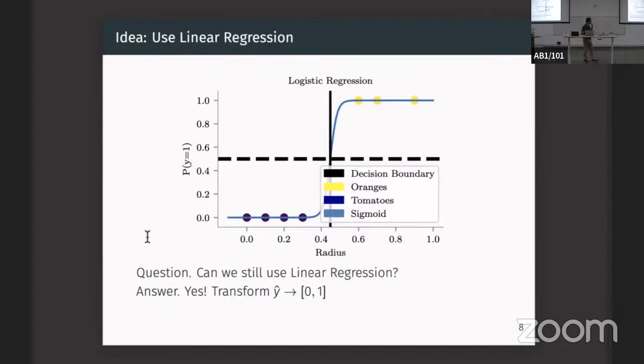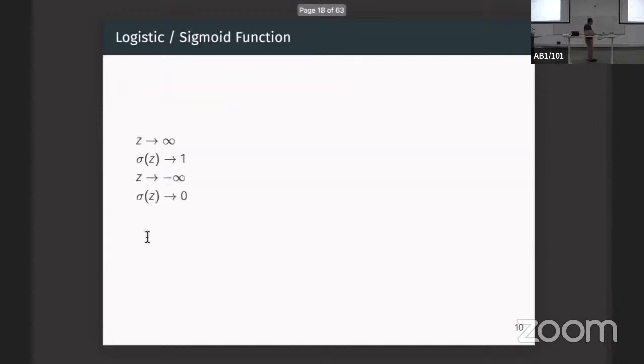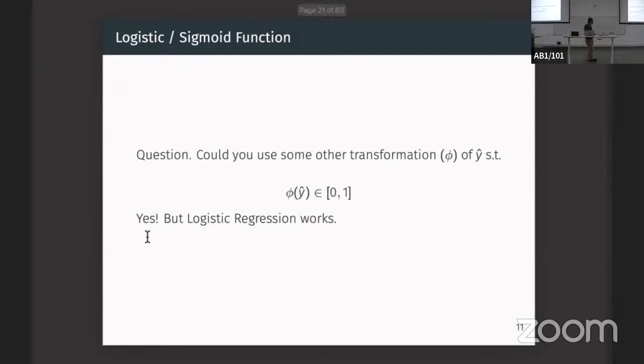Therefore, we need to transform the output values from linear regression from minus infinity to infinity space to 0, 1 space, which is via the logistic or the sigmoid function, which is of the functional form like this. You've already seen this earlier. Could we have used some other transformation? Some of you asked. Yes, you could have, but logistic regression works. It's a known transformation.